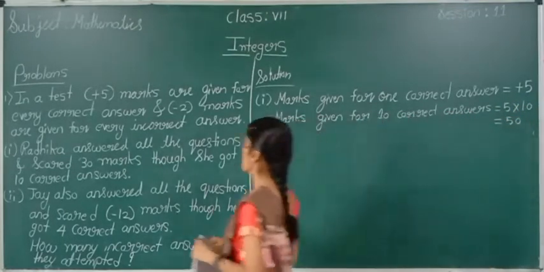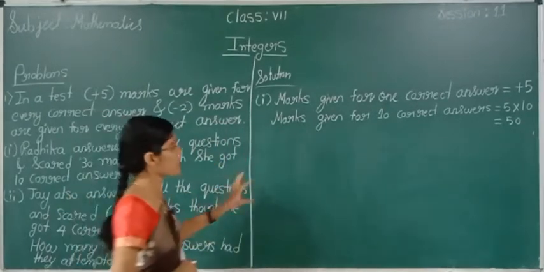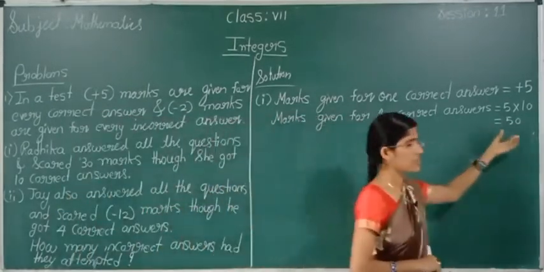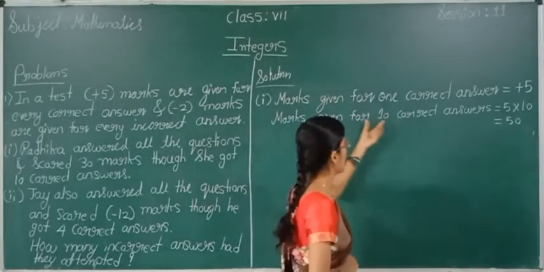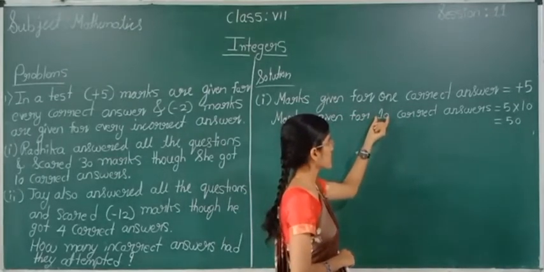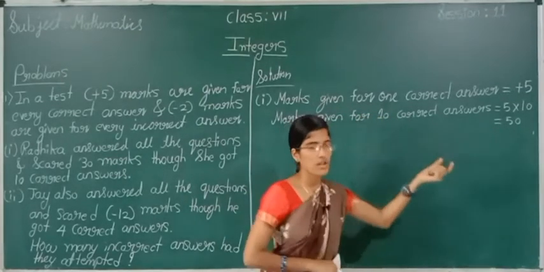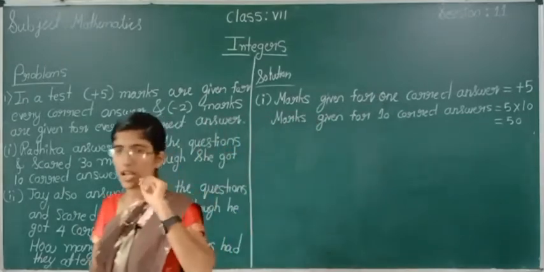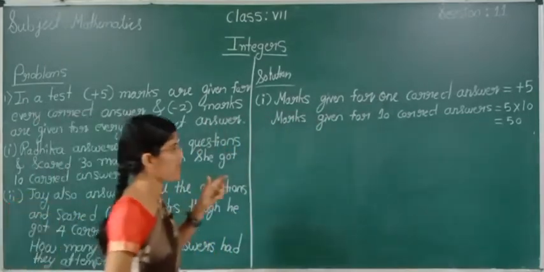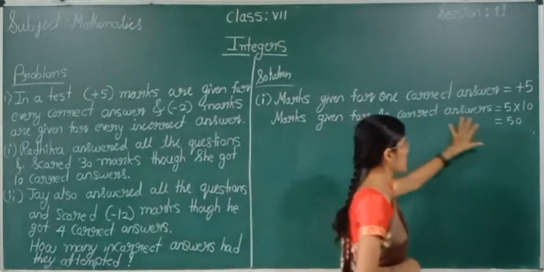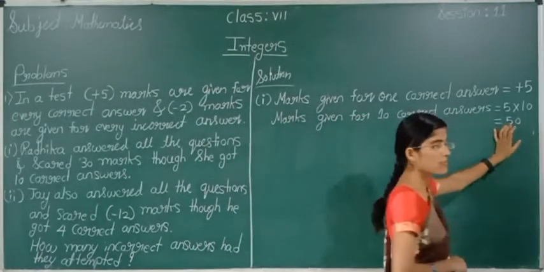For correct answers, Radhika got a total of 50 marks. She has written 10 correct answers, and for correct answers she has got 50 marks.